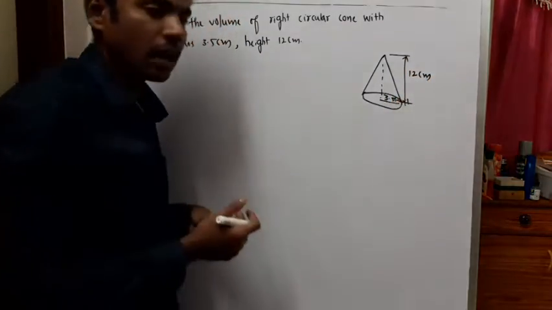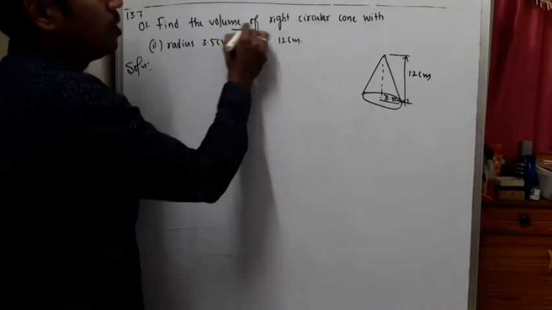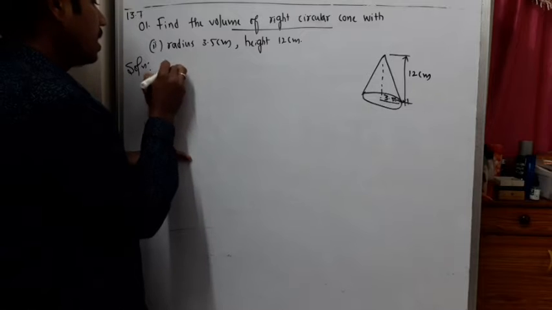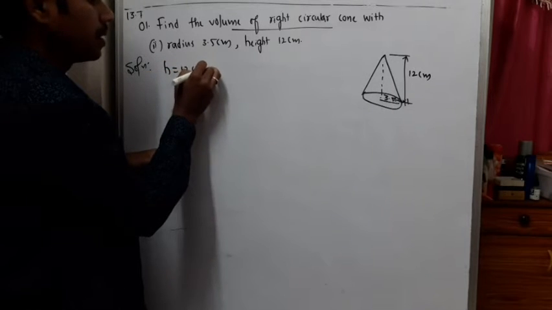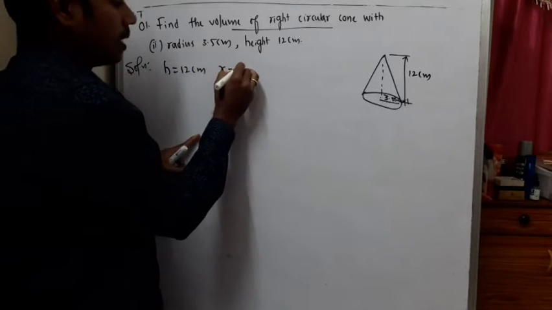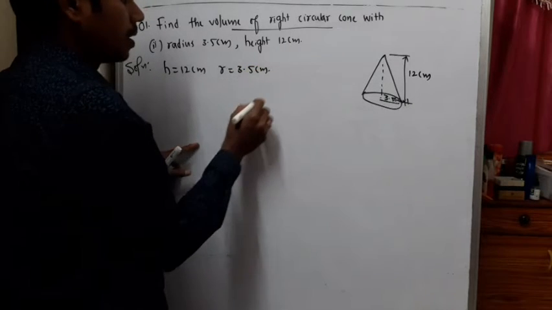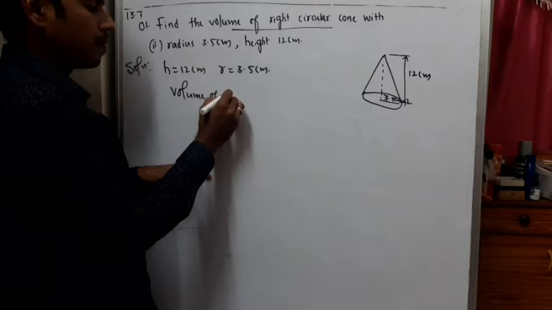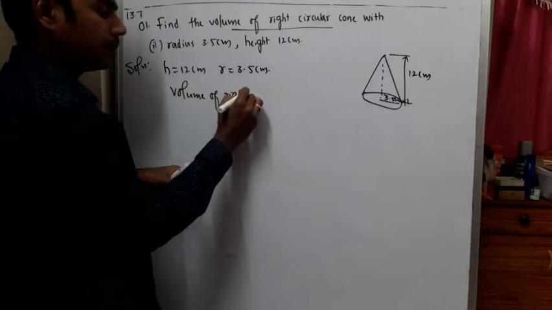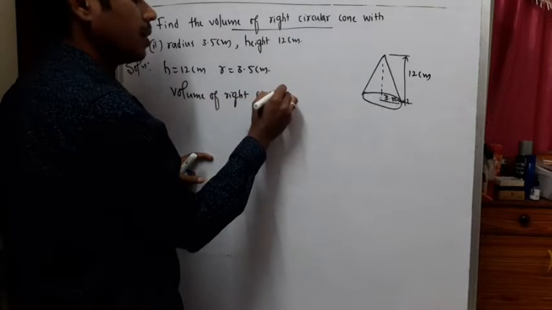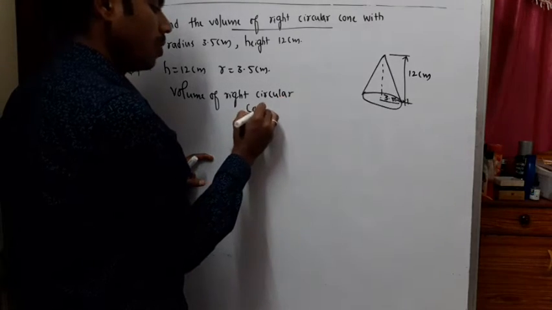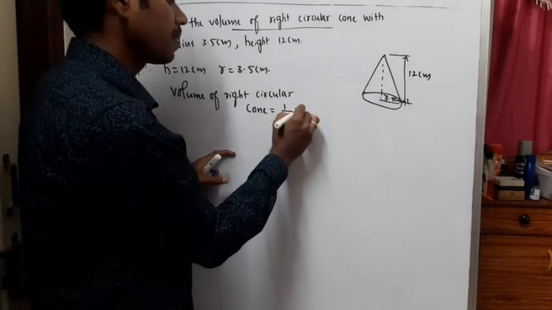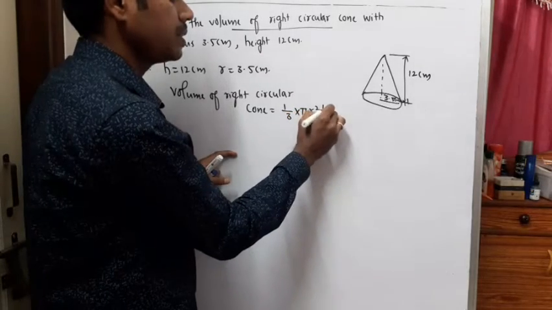Fine. What we need to calculate? We need to calculate volume of the right circular cone. So what is the height? Height is 12 centimeter and radius is 3.5 centimeter. Therefore, volume of the right circular cone is equal to 1 by 3 pi r square h.